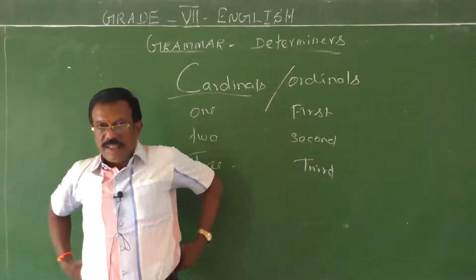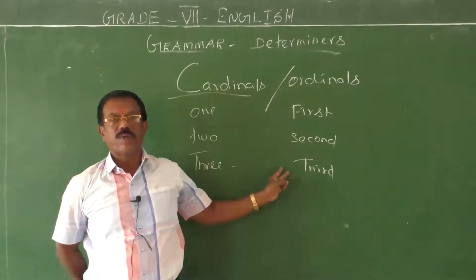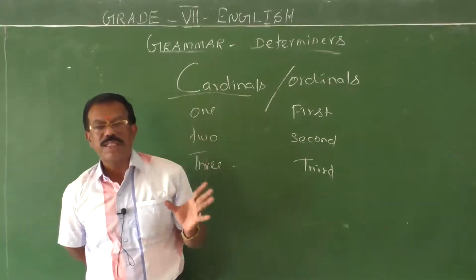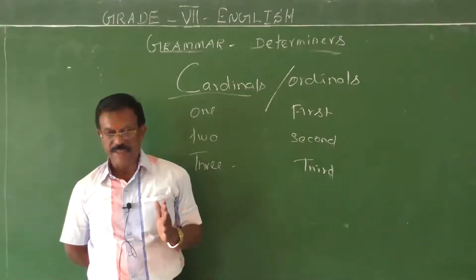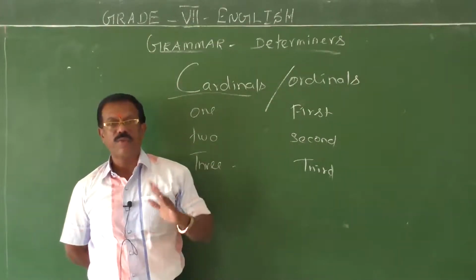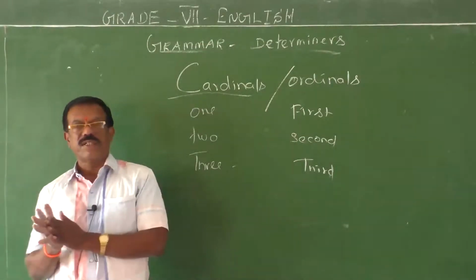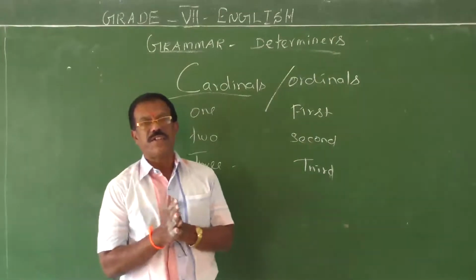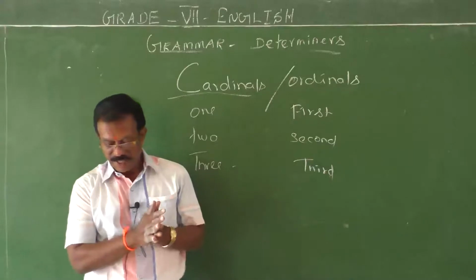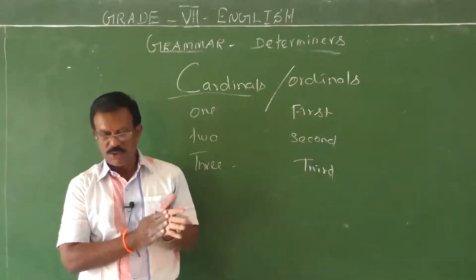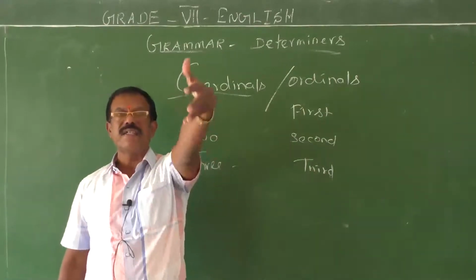1 chair, 2 chairs, 100 people, 10,000 people. So they are used as quantifiers. Countable nouns, that is cardinal numbers, are used before nouns to refer to the quantity. When they function like that, they are used as determiners. So cardinals are also used as determiners. Ordinal numbers are used to talk about where something is placed in the sequence.